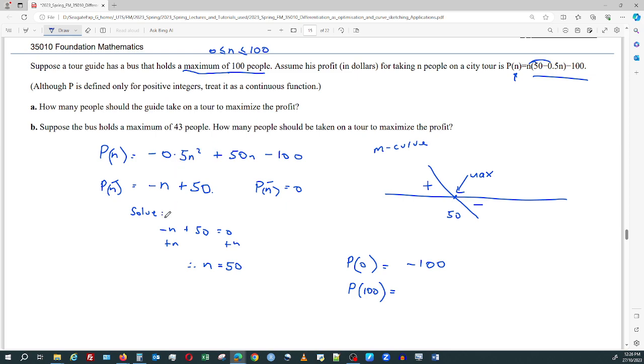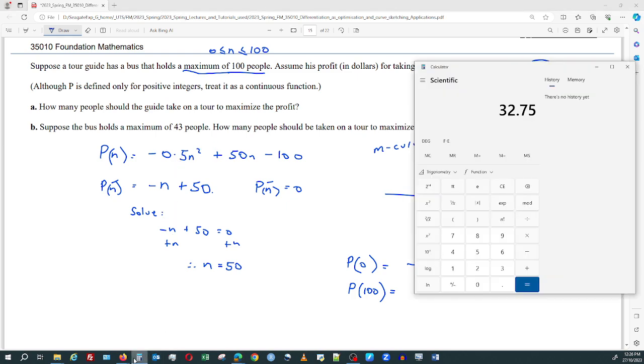So I think I'll just check that with the calculator. We've got 100 squared times negative 0.5.